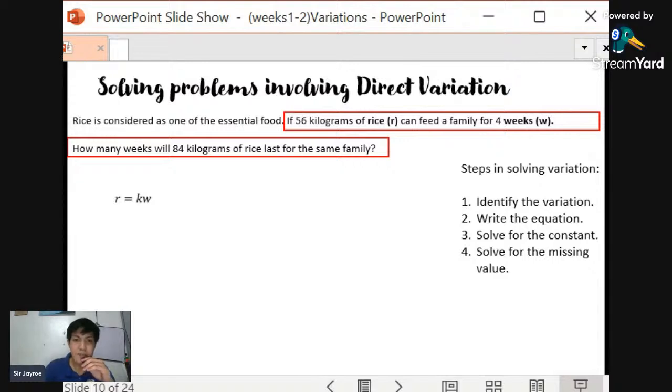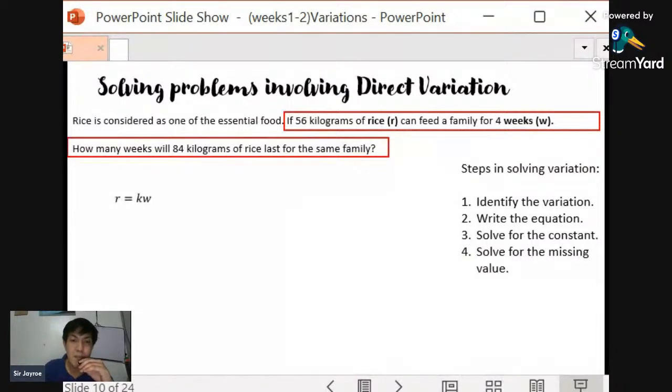Anyone? So kapag ganito ang given, that's why I ask you to identify first the two variables. That is the kilogram of rice and then the weeks. You try to experiment. What will happen? Okay, if the kilogram of rice increases, what do you think will happen for the number of weeks?